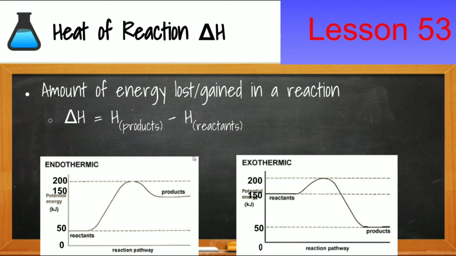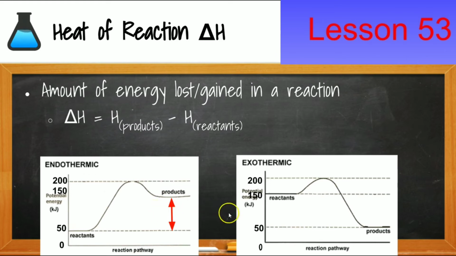These values for delta H are listed for some chemical reactions on reference table I. You can also use the potential energy diagram to determine the delta H. So in this endothermic reaction, when we take the products, 150, minus the reactants, we're going to have a delta H value of 100 kilojoules. So in this case, since our delta H is a positive 100 kilojoules, that means we have added 100 kilojoules for this reaction, making it endothermic.